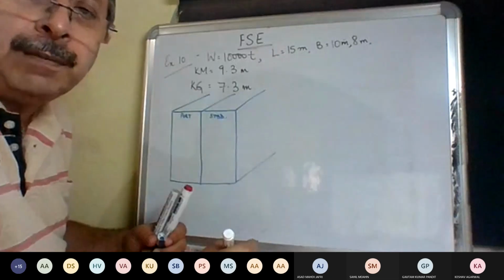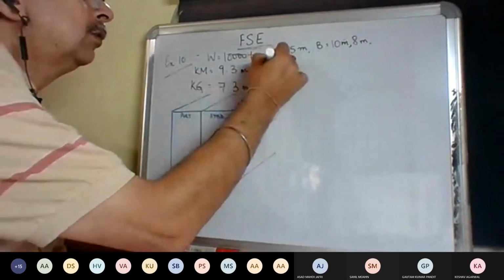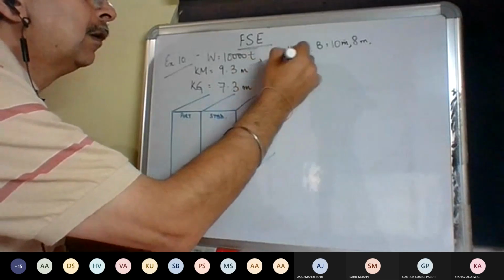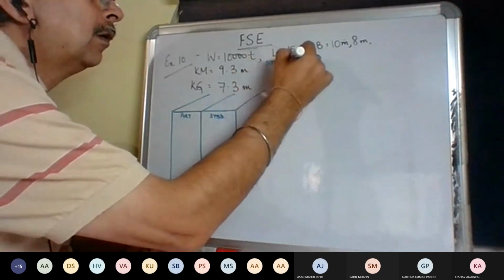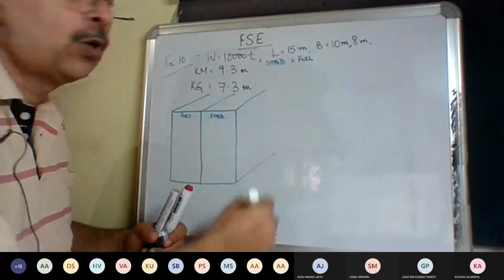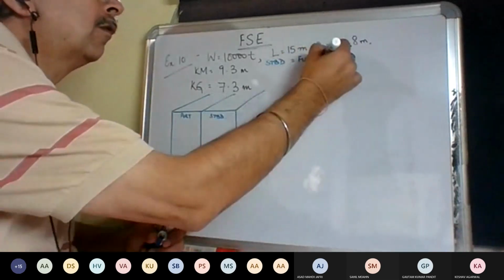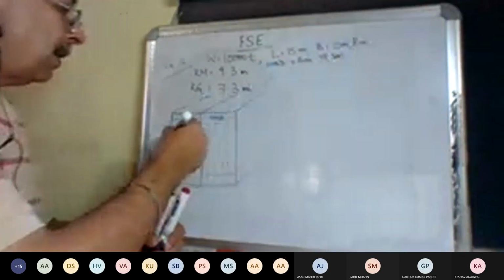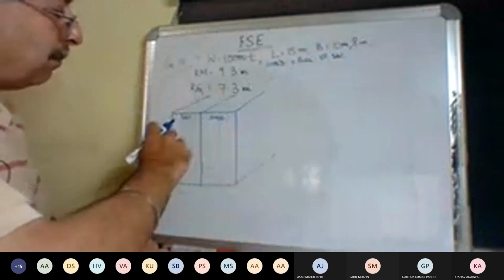The starboard deep tank is full of salt water and port is empty. So starboard ऊपर तक भरा हुआ है, port खाली है.